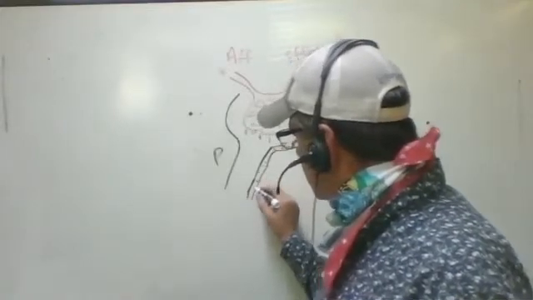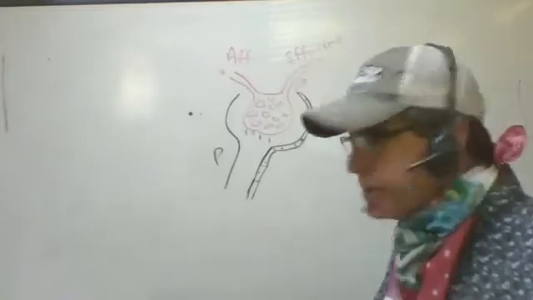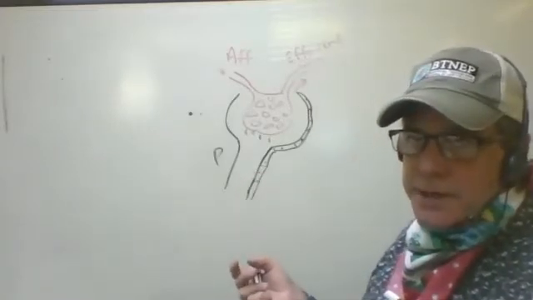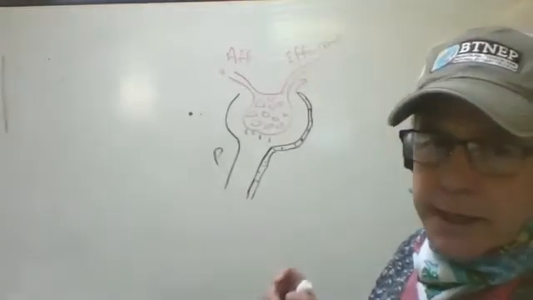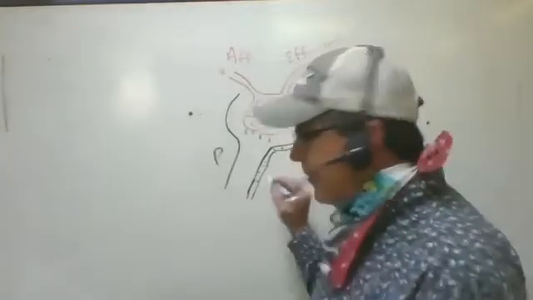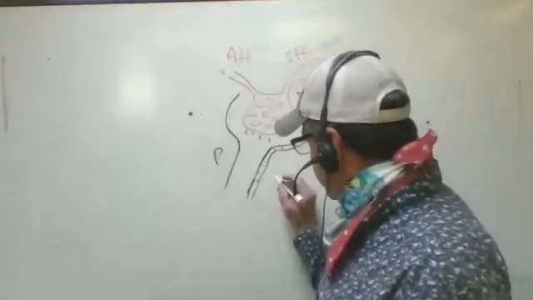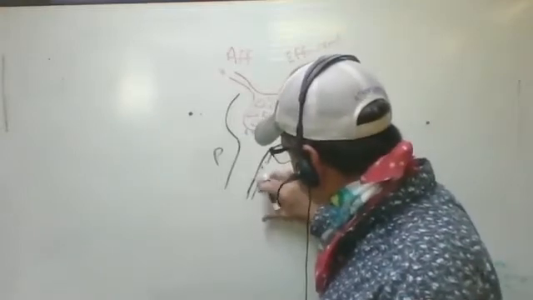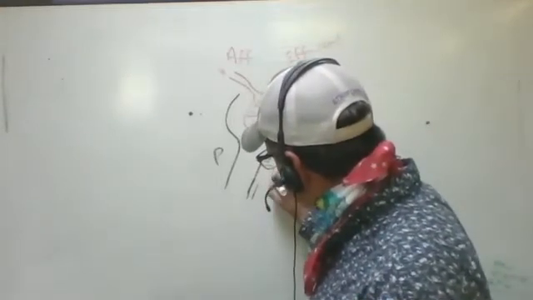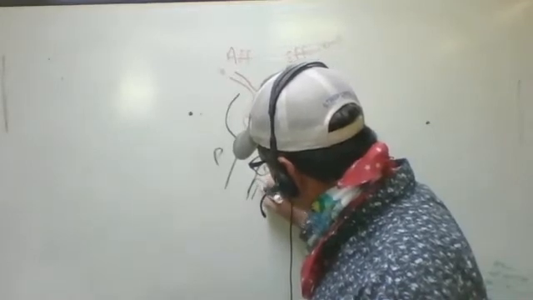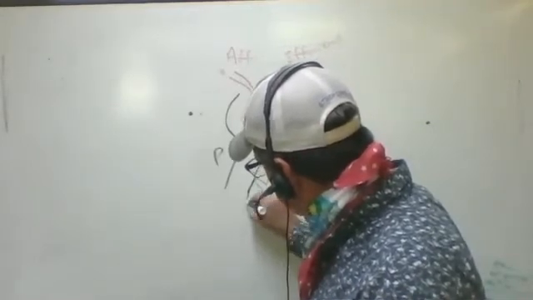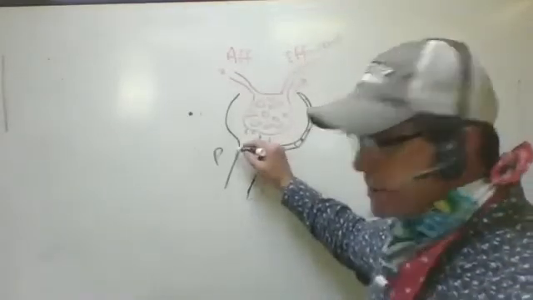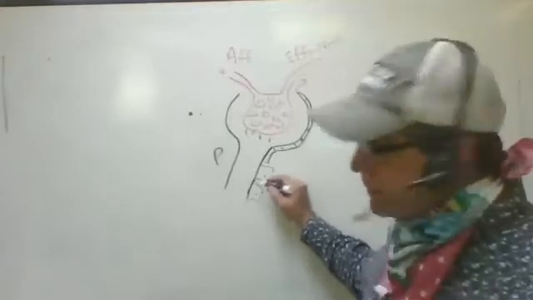One thing that's important here, if you really understand it, is the difference between the basolateral side of these cells and the apical side of these cells. The apical side is sort of the front of the cells, and the basolateral side is sort of the back. If I was drawing this cell a little bit bigger, this is how I would draw it. Back here is the basolateral membrane of the cell.